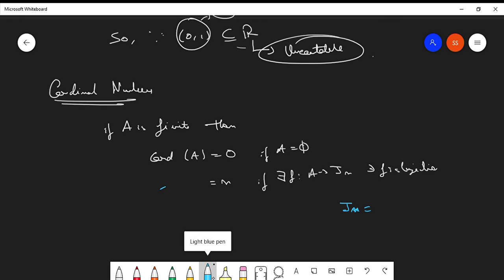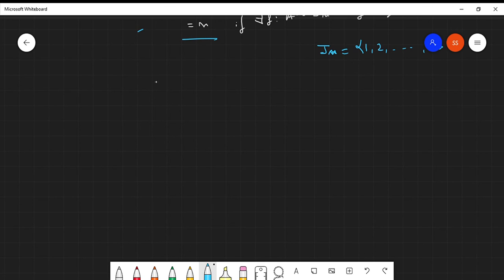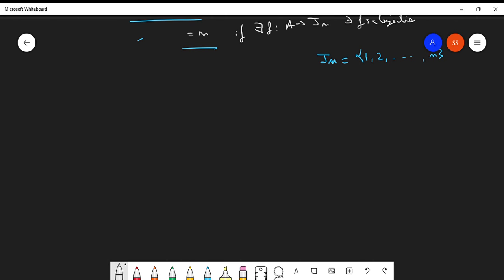So Jn is basically the set of all natural numbers till n. This is the definition of cardinal numbers. I guess it's clear. Now, let me tell you one more thing. If you have the set of all naturals, then its cardinal number is denoted by the aleph naught symbol.